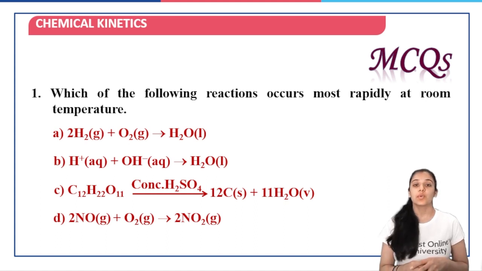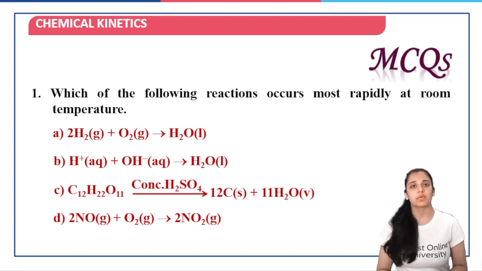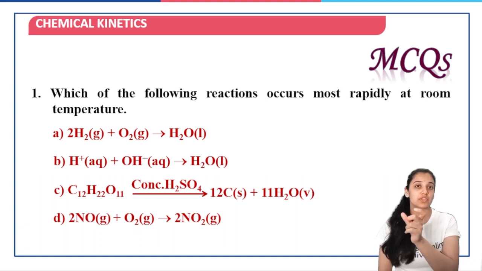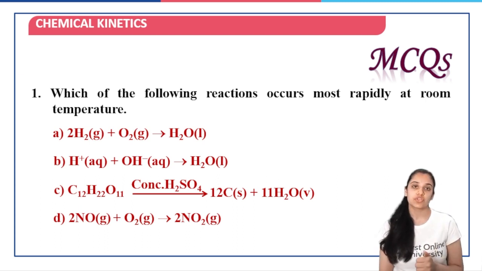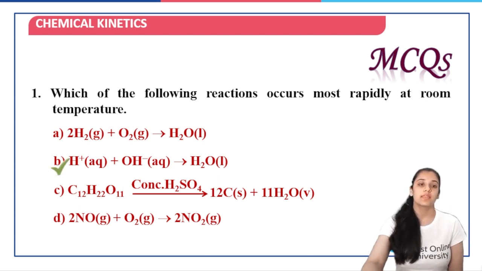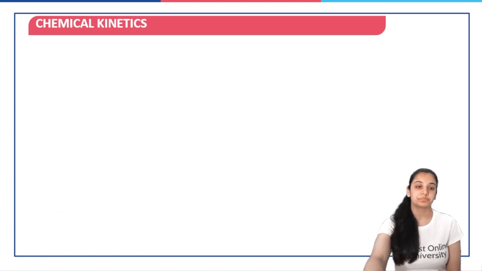See, what you all had to remember was the examples of reactions which are very fast: precipitation reaction, neutralization reaction. So where do you see neutralization reaction? Option B. Therefore, that's the correct answer.